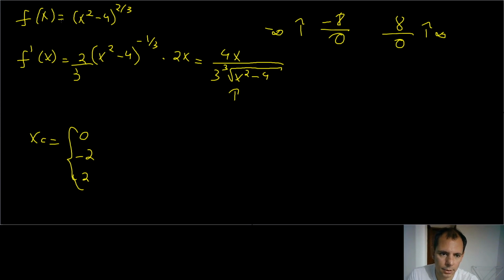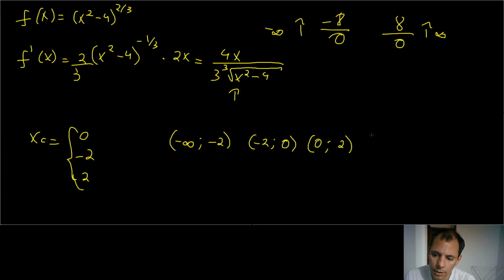All right. So the domains, let's worry about the domains now. The domains are going to be minus infinity to minus 2, and then from minus 2 all the way to 0, from 0 all the way to 2, and from 2 all the way to infinity.